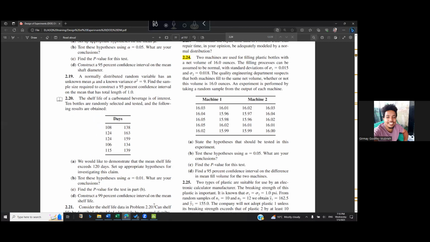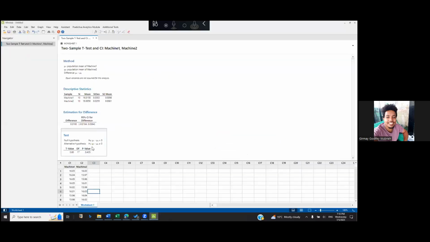The null hypothesis: volume 1 equals volume 2, and here the alternate hypothesis.